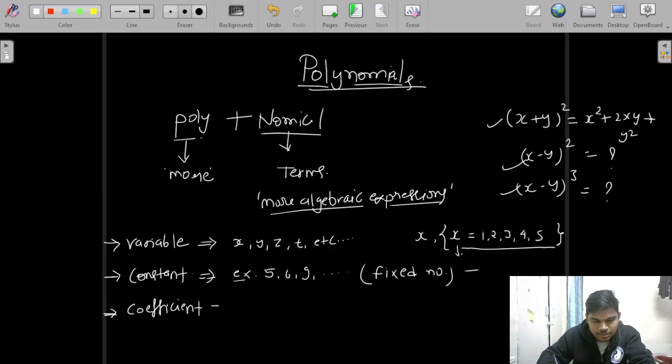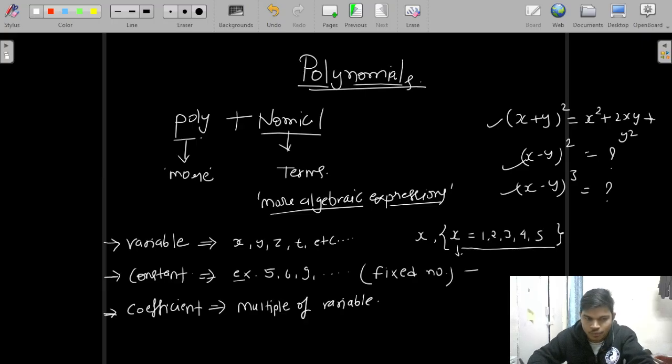In simple language, it is a multiple of the variable, right? It might be a constant, might be a variable, whatever. So these are the three things I need to define a polynomial. Now let's define the polynomial.